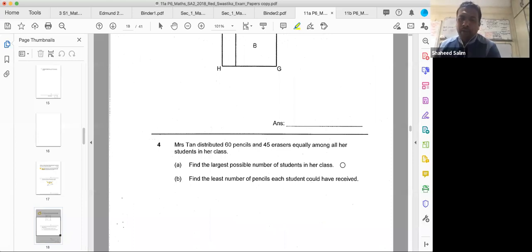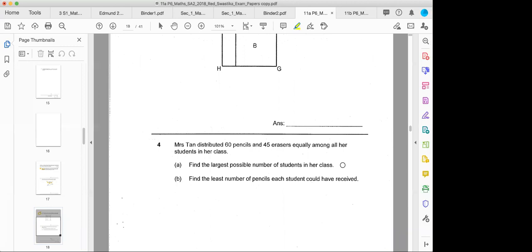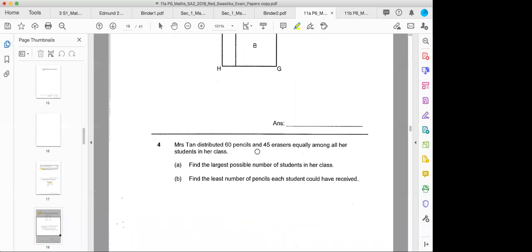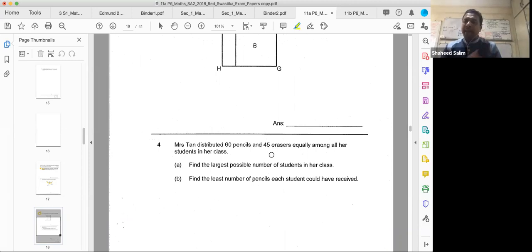Okay, if you give out 35 erasers, one person will get how many erasers? No, because they say they distribute equally, means each student will have the same item. So you have 35 students getting eraser. The balance 10 erasers, what happened to it?